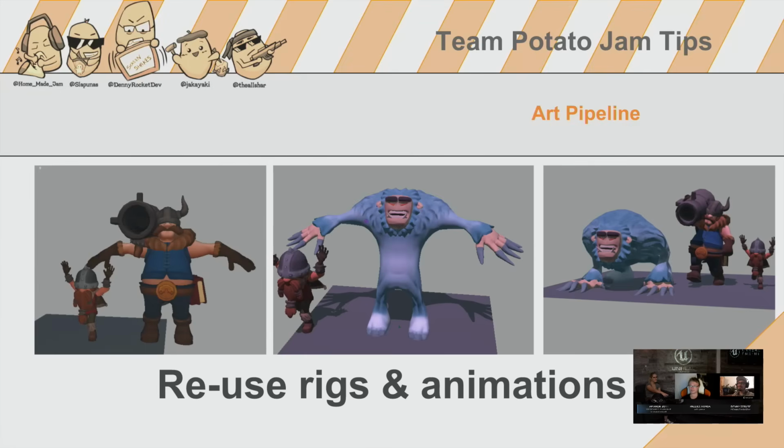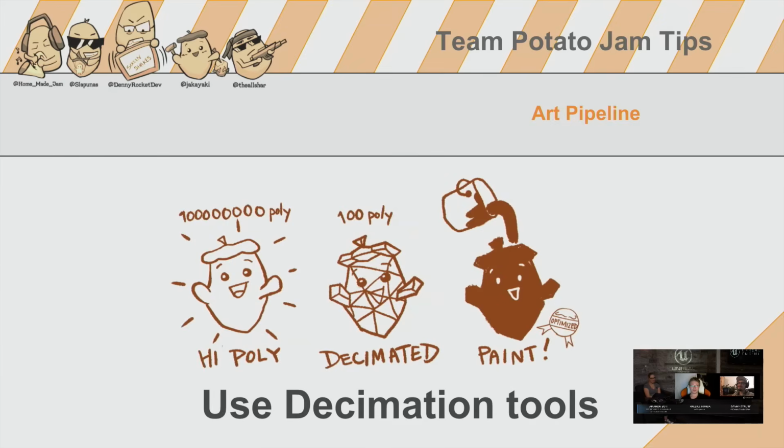Next slide. This one is for the people worried about optimization and the visual look of their assets, especially the environment props and everything. Well, for that, I can tell you, just use decimation tools. It's the quickest way to do that. This is only applicable to non-rigged characters, non-rigged assets. I'm not talking about characters that have to deform and have proper topology.